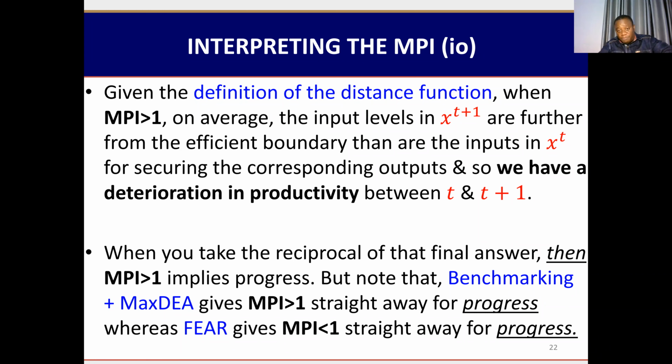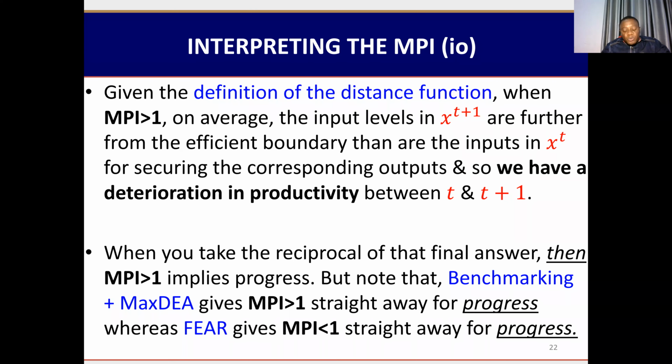We are going to use hand computation, so with hand computation, you take the reciprocal of the answer you get, and MPI greater than 1 is progress. It's an improvement. But if you are using the benchmarking software or MaxDEA software, it will automatically give greater than 1 straight away, so MPI greater than 1 will mean progress.